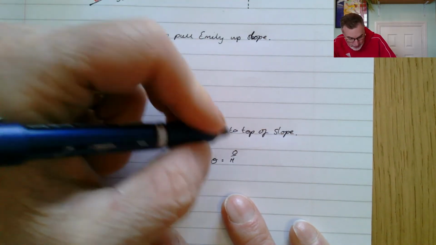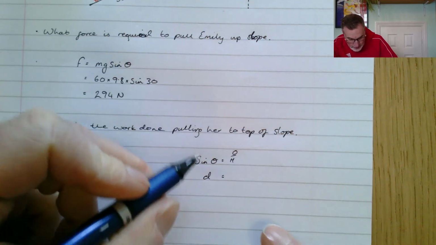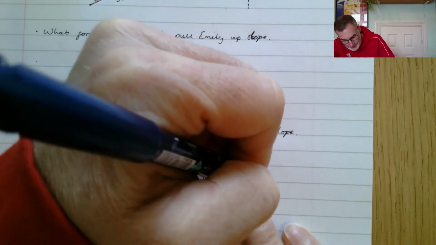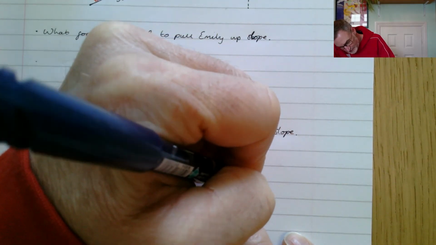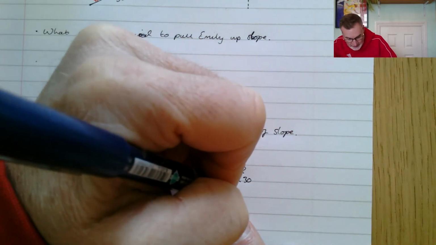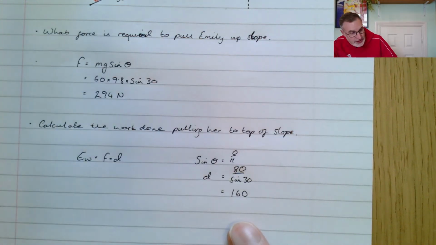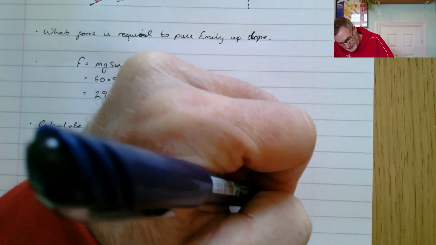To get our hypotenuse, which is going to be d, we're going to have 80 over sine 30. Sine 30 is a half, and so the distance of the slope is 160 meters.